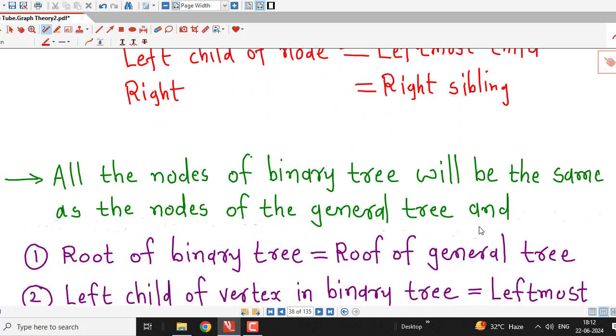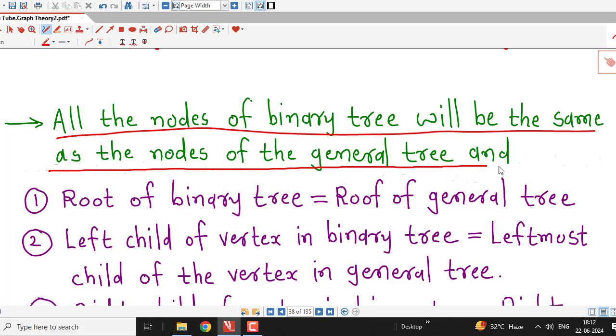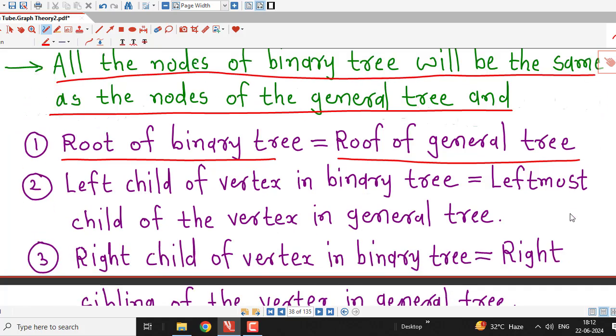So we will remember these remarks: all the nodes of the binary tree will be the same as the nodes of the general tree, and the root of the binary tree is the same as the root of the general tree.